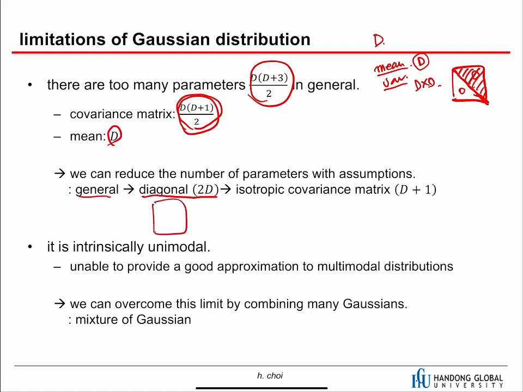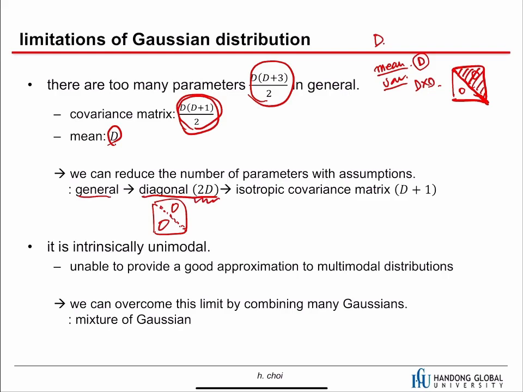In this covariance matrix, we set zeros here, and we have some numbers on this diagonal line. Then we have d parameters for the covariance matrix and d parameters for the mean vector. So in total, we have 2d parameters.